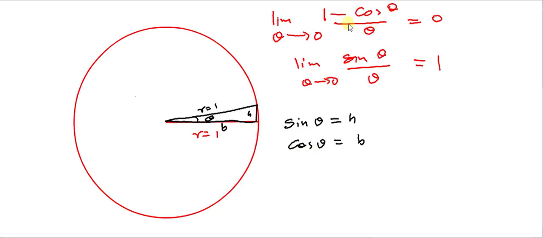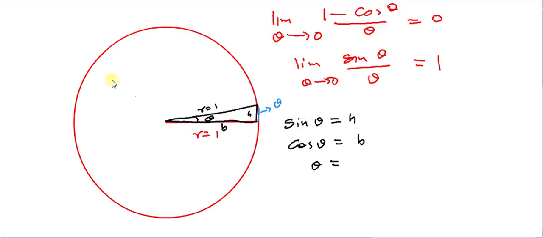Now for 1 minus cosine theta over theta, theta is equal to this arc length. This arc length is numerically equal to theta, because angle is equal to arc over radius, and the radius is 1.